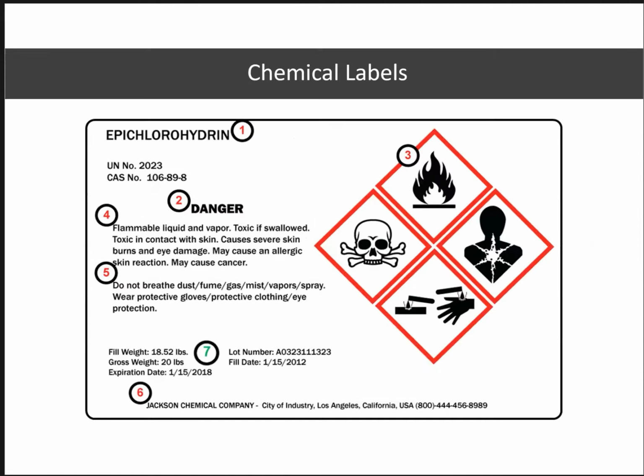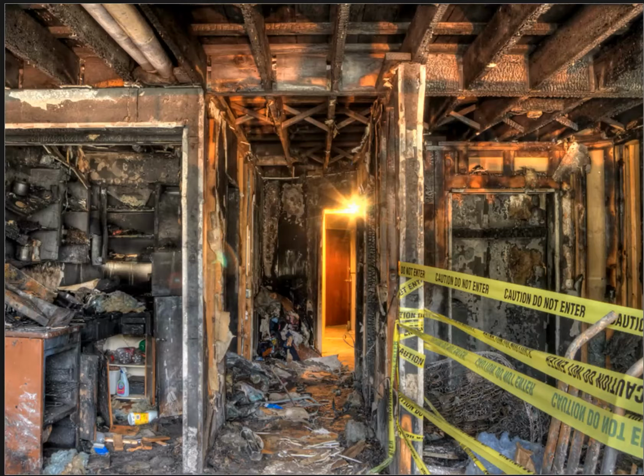Every chemical will have some sort of chemical label on it indicating the danger and any safety issues that you should be aware of. And sometimes it's the difference between one or two letters in a name that can mean the difference between a safe experiment and an unsafe experiment.